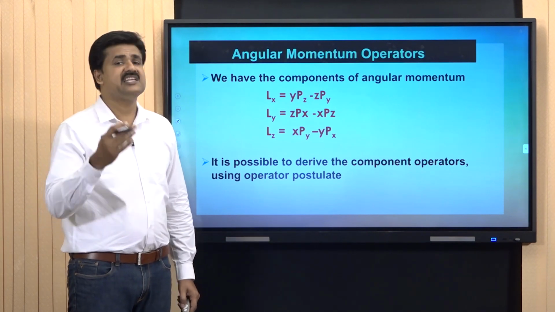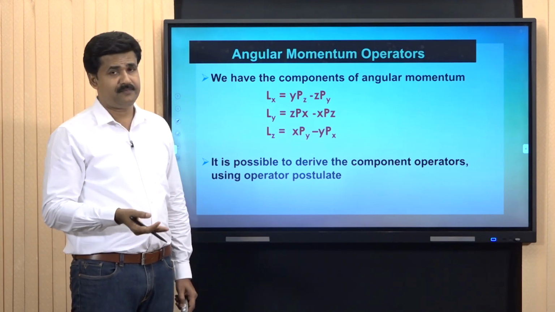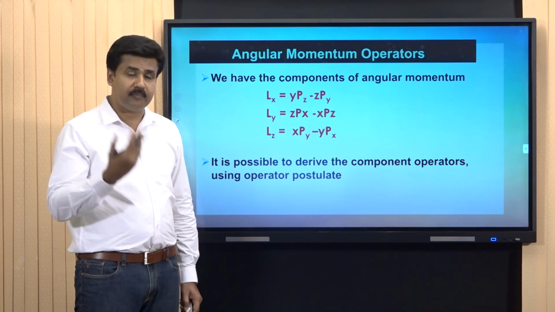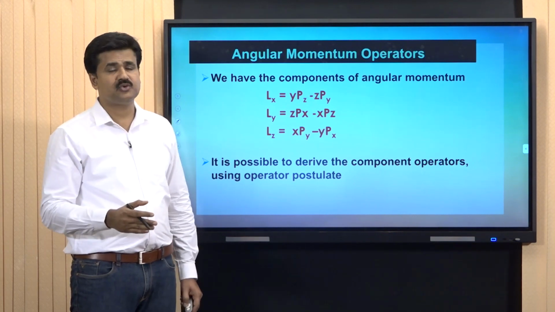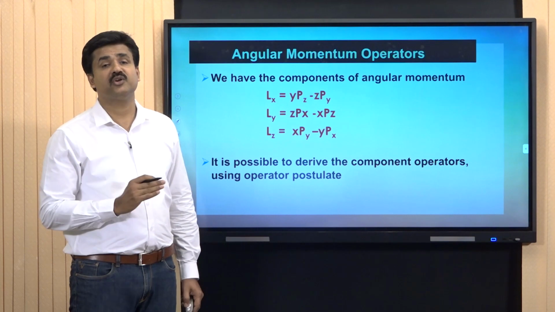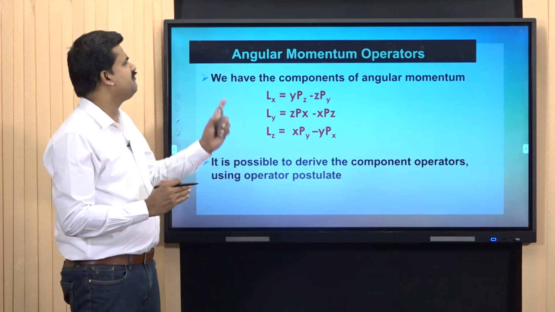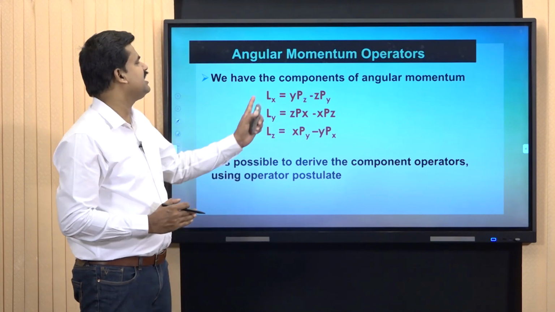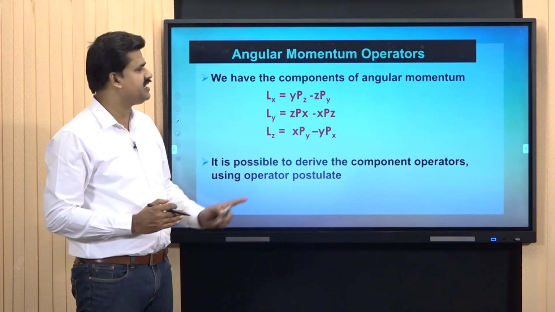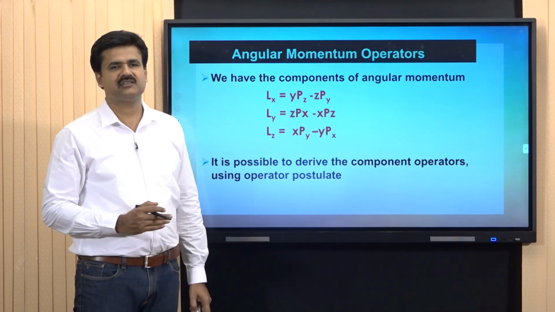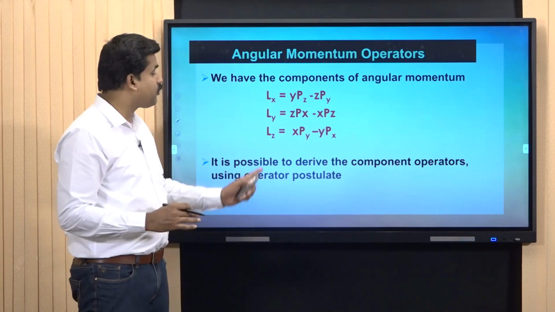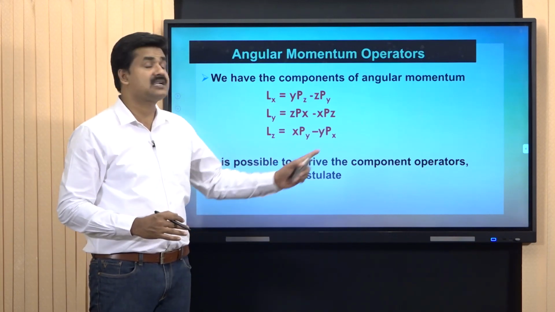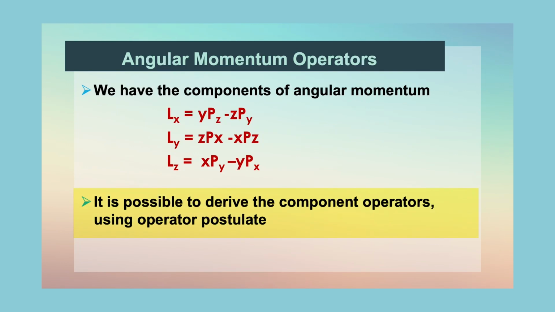So, it is possible to derive angular momentum operators corresponding to each and every component of angular momentum. We have three components of angular momentum, namely Lx, Ly and Lz. We already learned about the three components. Now it is possible to derive the component operators using the operator postulate.